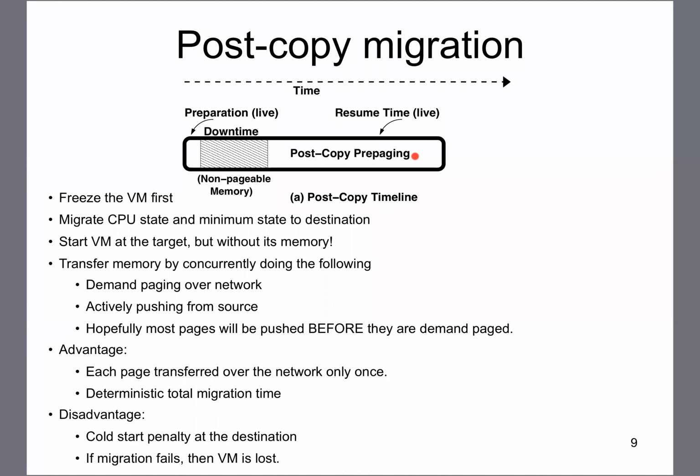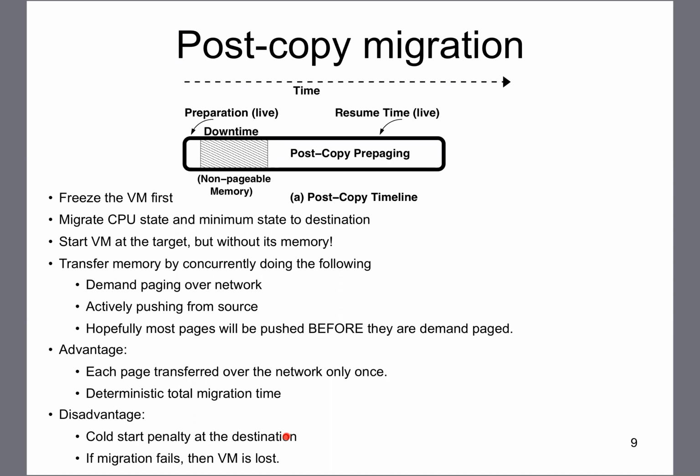Okay. Of course, the disadvantage is that there's a cold start penalty at the destination. Cold start penalty meaning that at the very beginning there may be a few network page faults till active push catches up. So very few in the very beginning.